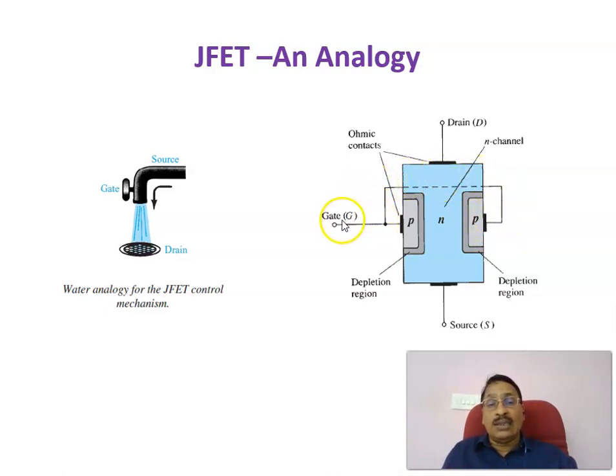That is taken outside and termed the gate terminal. As I already told, this is the source terminal, represented by capital S, and this is the drain terminal. This is an n-channel between the source and drain. A depletion region is produced between the p-type material and the n-channel on both sides. So this is the diagram of an n-channel JFET.